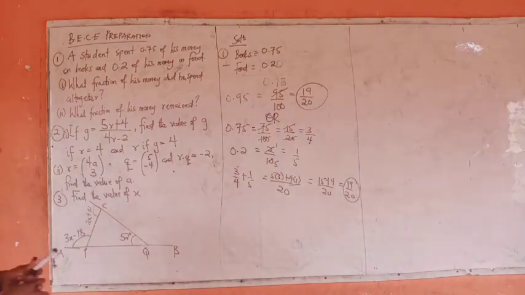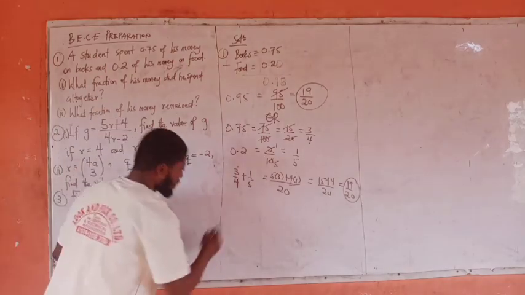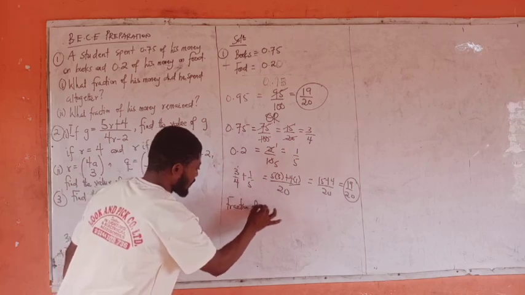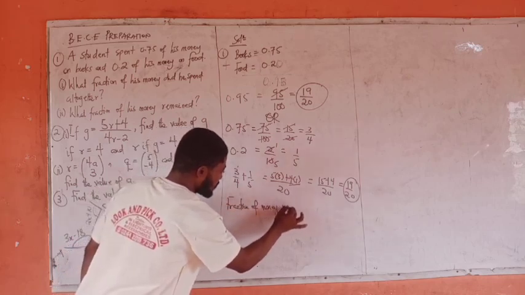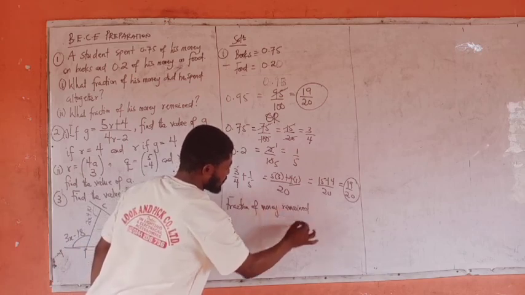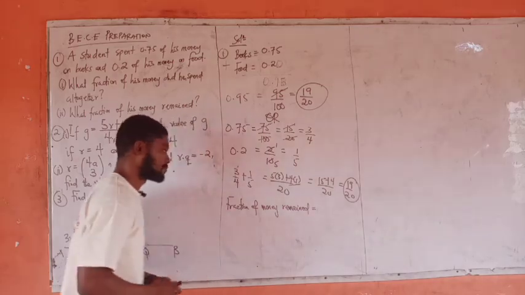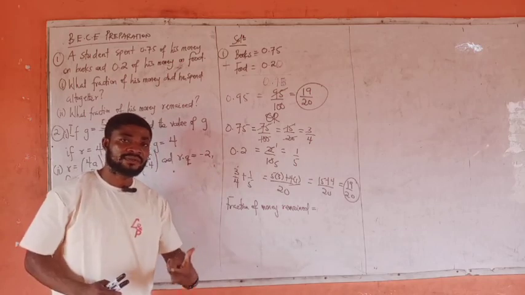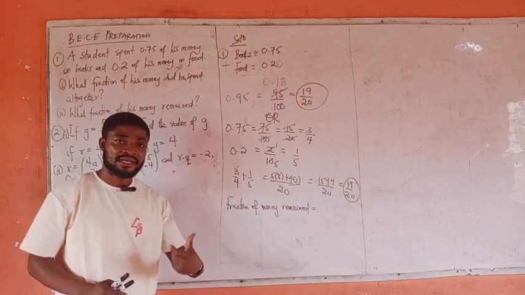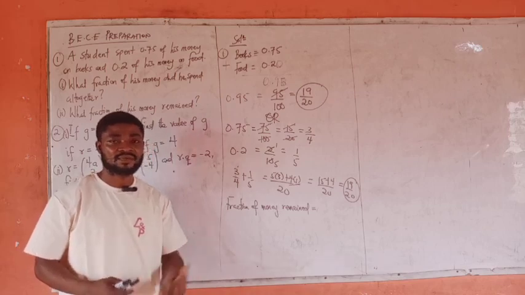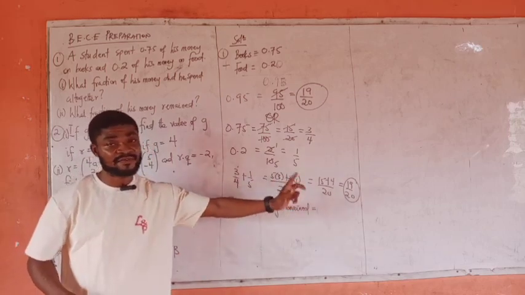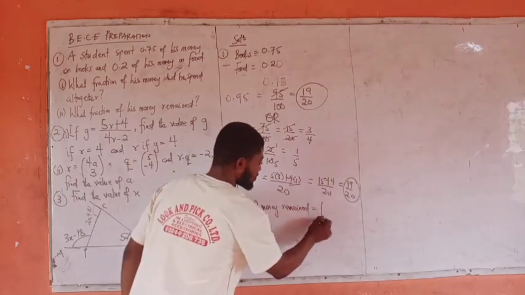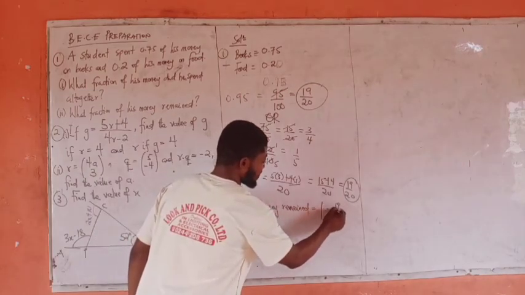What fraction of his money remained? We know total percentage is equal to 100%, and at the same time, total fraction is equal to 1. So we take the fraction spent from 1, and that gives us the fraction that is left. So I have 1 whole number minus 19 over 20.